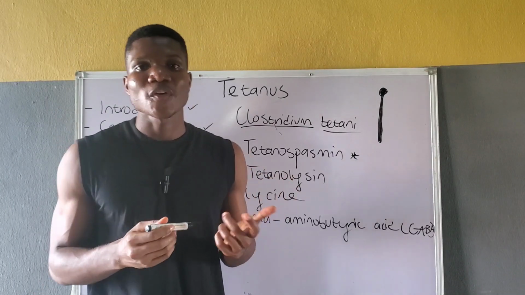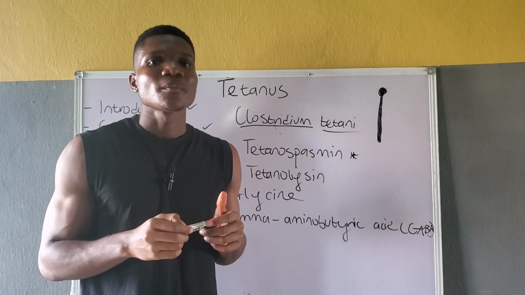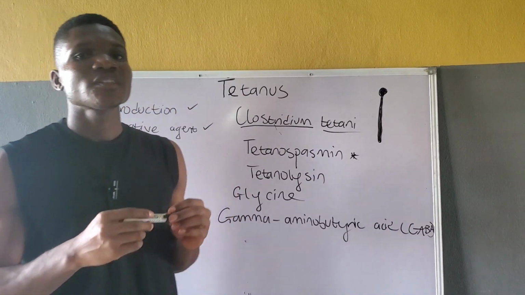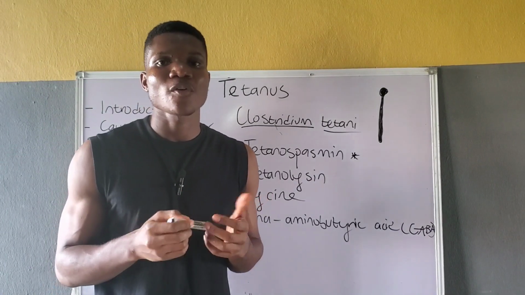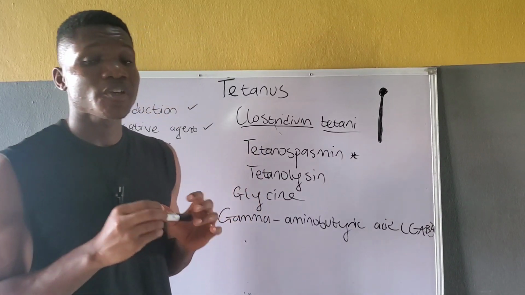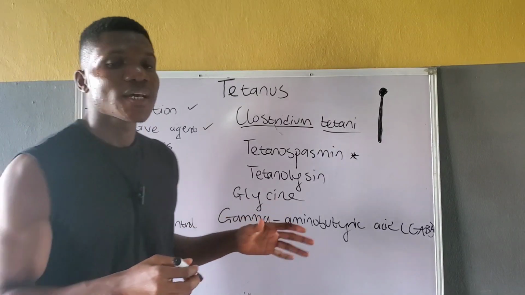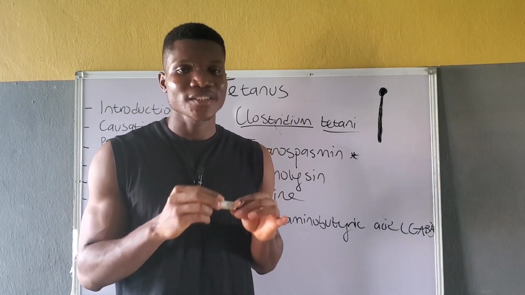Because of the blockage of the release of these inhibitory neurotransmitters, the muscles continuously contract. Stimulatory neurotransmitters are responsible for causing muscle contraction, while inhibitory neurotransmitters such as glycine and gamma-aminobutyric acid are responsible for relaxation of muscles.